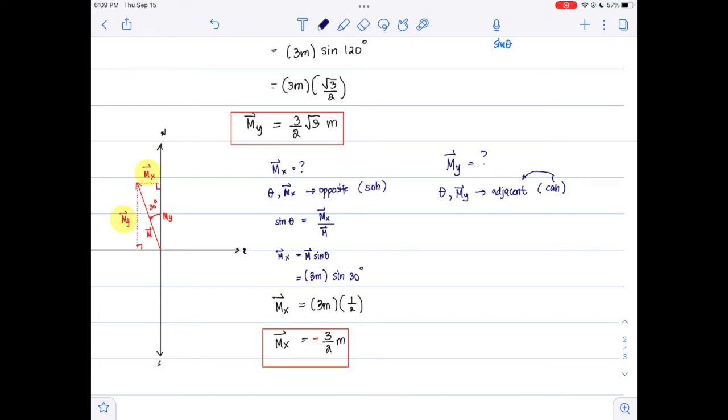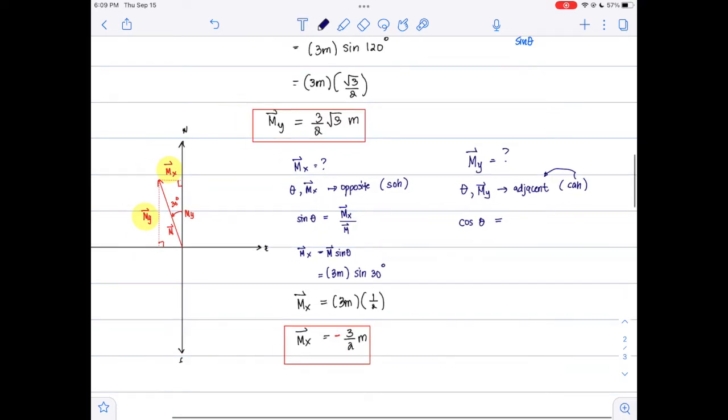So you have cosine of the angle theta is equal to adjacent, m sub y, all over hypotenuse. And of course, your hypotenuse is the one opposite to the 90 degrees, which is just your vector m.